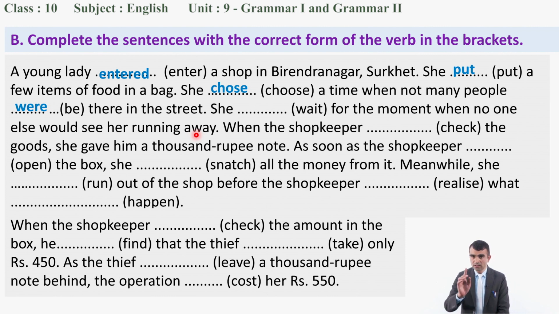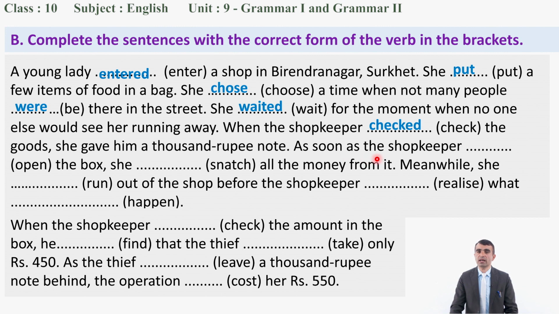What do you use here? Waited. When the shopkeeper checked the goods, she gave him a 1,000 rupee note. As soon as the shopkeeper opened the box, she, another event, snatched all the money from it.